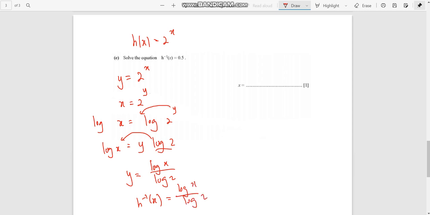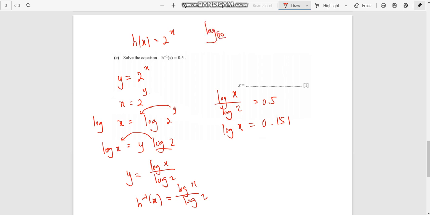Okay, and I know this equation equals 0.5, like the question told you. Okay, so I move this: log x equals 0.5 times log 2. You can actually find log on your calculator. So you get the answer 0.151. Next, if you want to remove the log, by default, your log should be written like this.